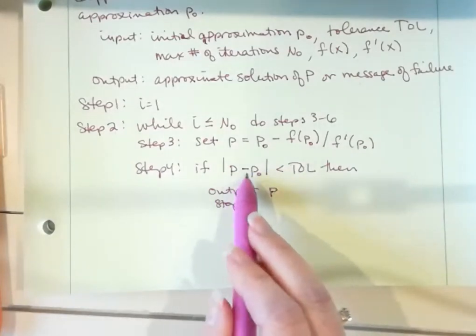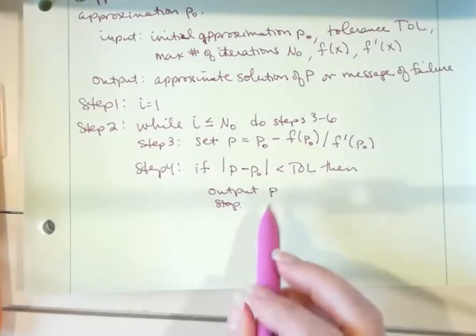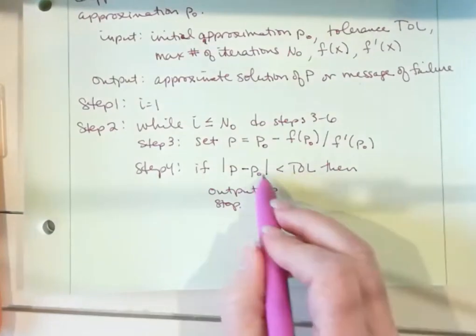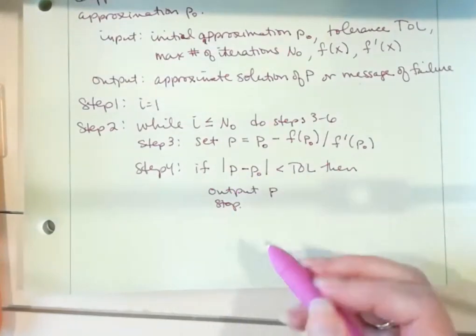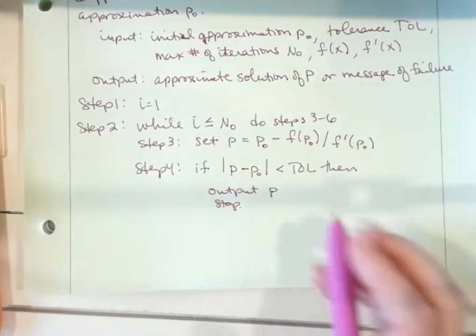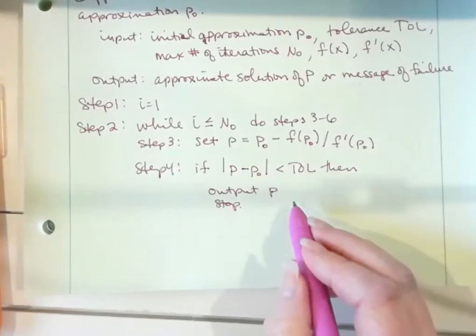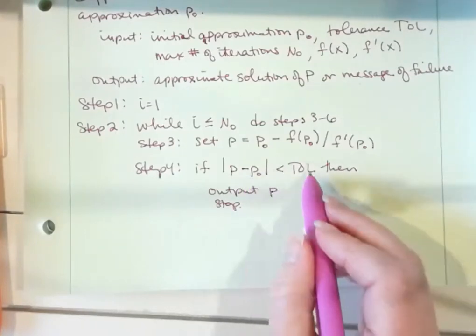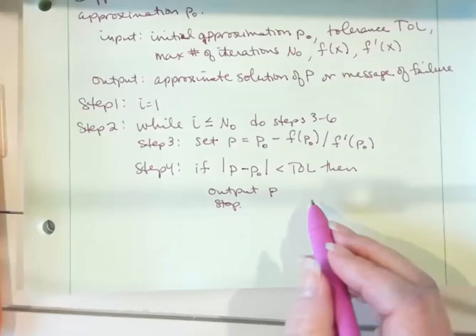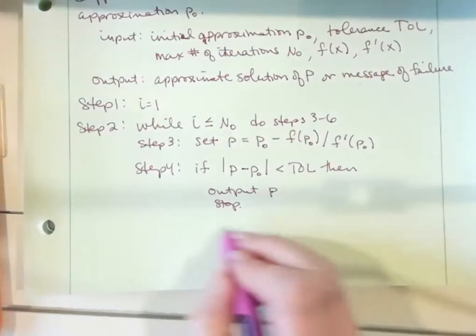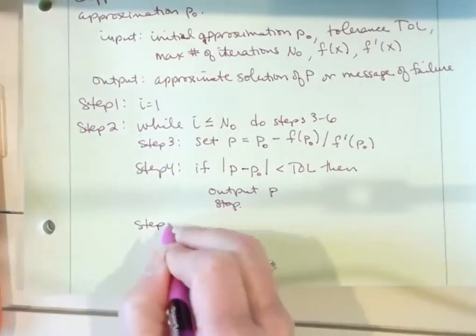You just care about the difference, you don't care about the sign. If we're below tolerance, that means we've met our accuracy requirement and we can finish. Now, if we're still greater than tolerance, that means we still have more error than we want, so I need to do another iteration.